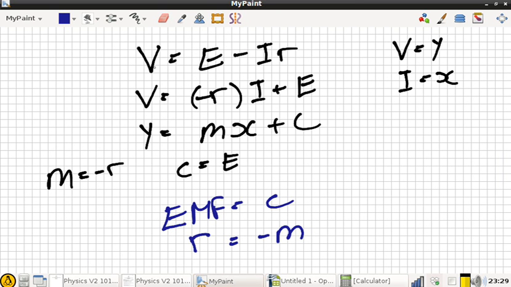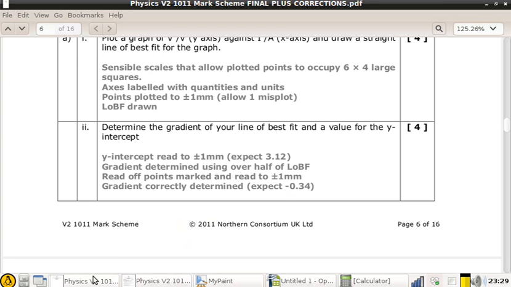You can see that if we have V on the y-axis and I on the x-axis, then the E and the minus r has a straightforward interpretation. If we had I on the y-axis and V on the x-axis, then we can't use this interpretation because it wouldn't be true anymore. And in the question, he or she does use that interpretation as well.